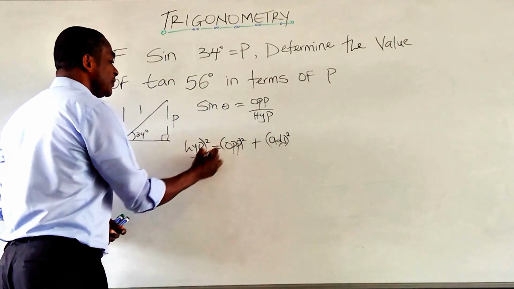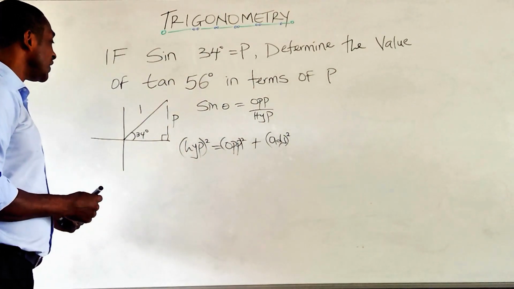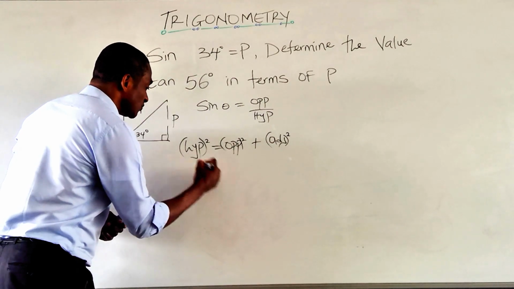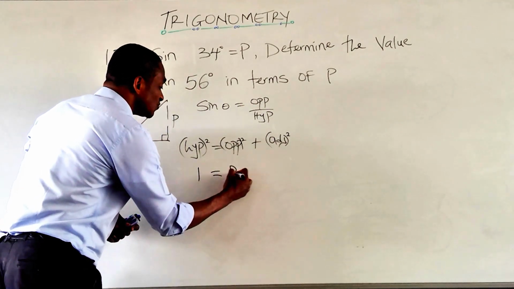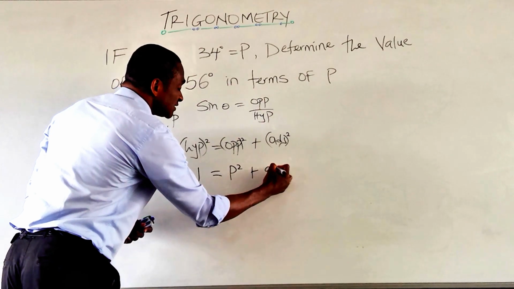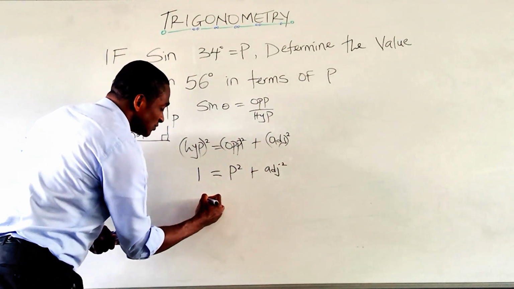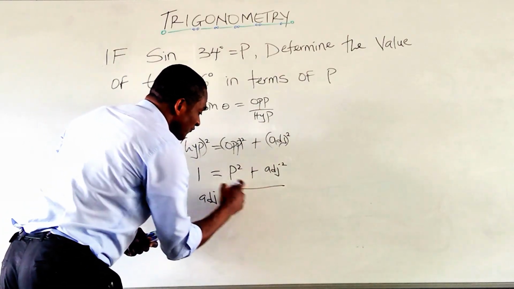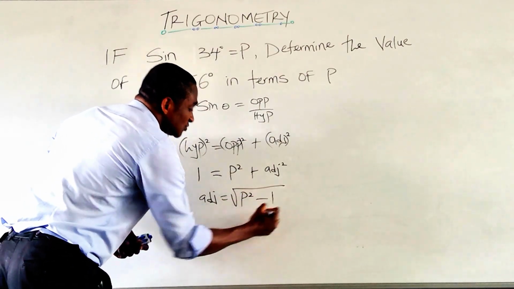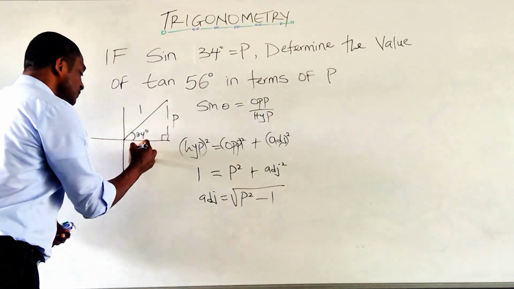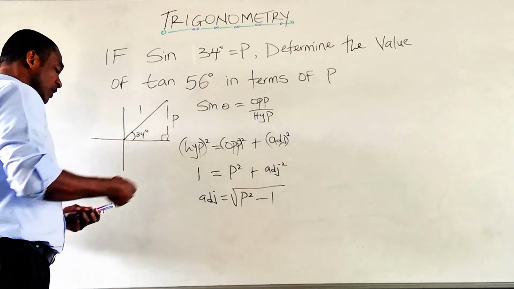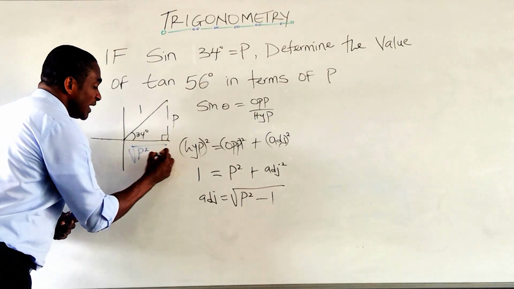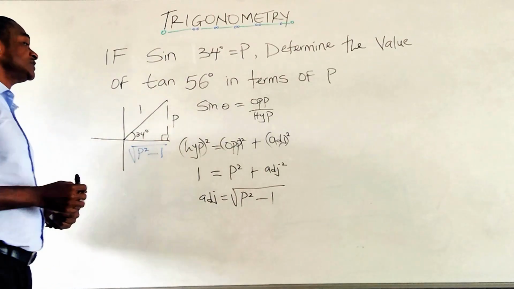Now we have our hypotenuse squared, which is 1, equal to p squared plus adjacent squared. So our adjacent will be the square root of 1 minus p squared. So this part here becomes the square root of 1 minus p squared. That is our adjacent.